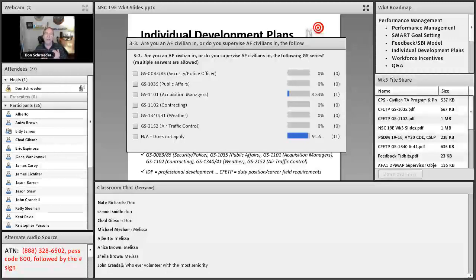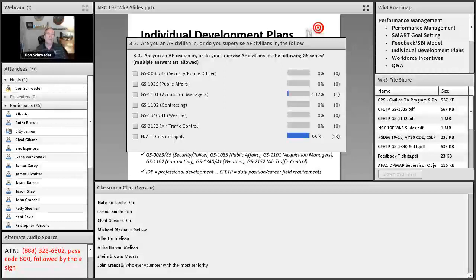So the series are GS 0083, which is security or police officer; GS 1035, public affairs; GS 1101, acquisition managers; GS 1102, contracting; GS 1340, weather; or GS 2152, air traffic control. So I've got one person that either is or supervises an 1101. Okay, everyone else is NA.